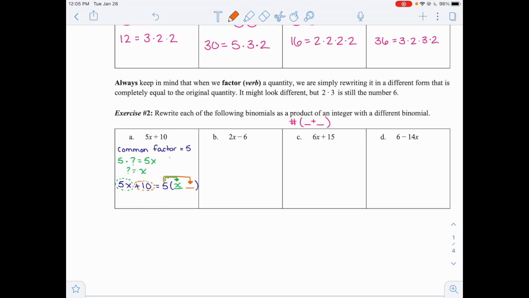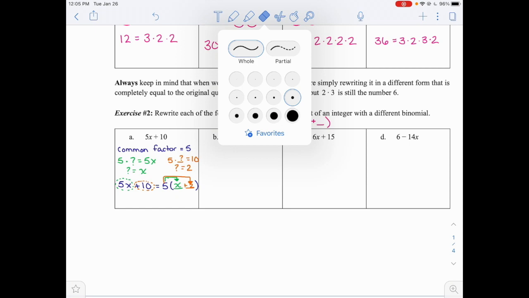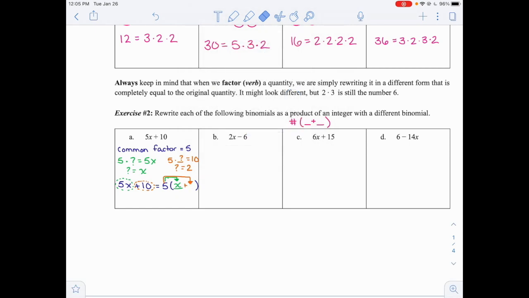So we say 5 times something equals 10. Something is 2, it's a positive 2, so we write plus 2. So this is plus 2, because 5 times 2 would get me back to 10. And this is our factored form of the expression.